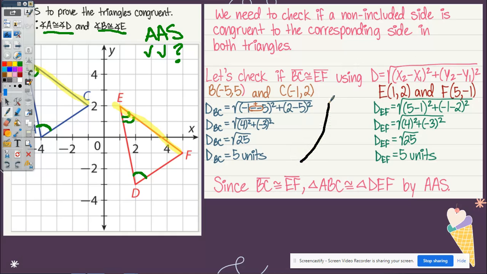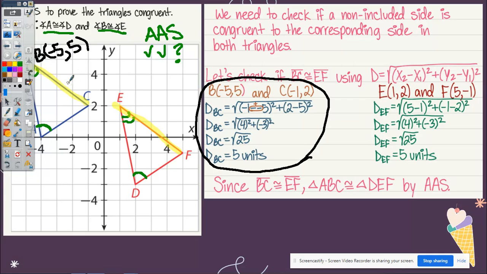So first step, this is what I did in black. I did distance of BC, and just make sure you always label using the coordinate pair correctly. I had negative 5, 5 and negative 1, 2. I chose this one to be x1, y1, and I chose this one to be x2, y2.